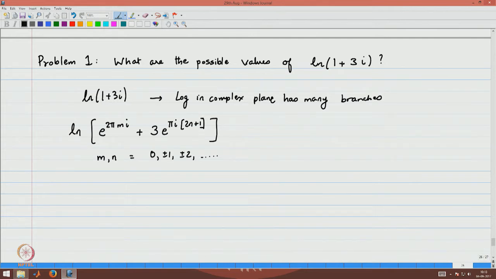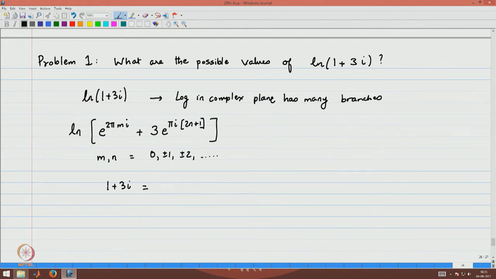Let me do this slightly differently. I will say 1 plus 3i, where 1 squared plus 3 squared is 10, and I will write this in polar coordinates in the following way.